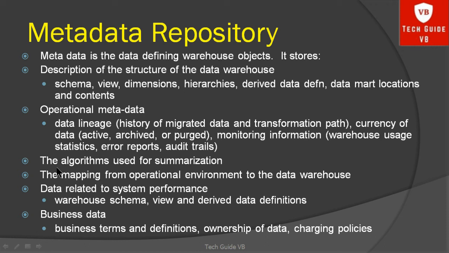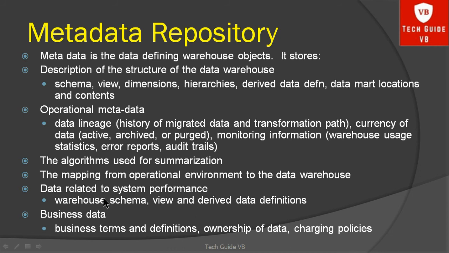Also, it has the algorithms used for summarization, and the mapping from the operational environment to the data warehouse, that is from the traditional relational database system to the data warehouse. Then the data related to system performance. We are also storing the warehouse schema, views, and derived data definitions.